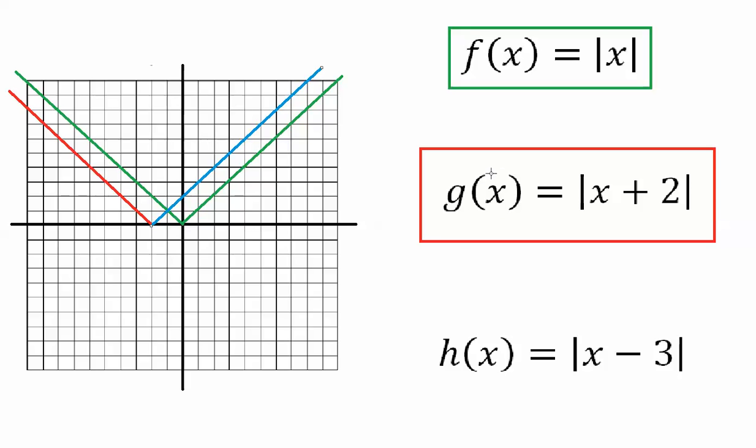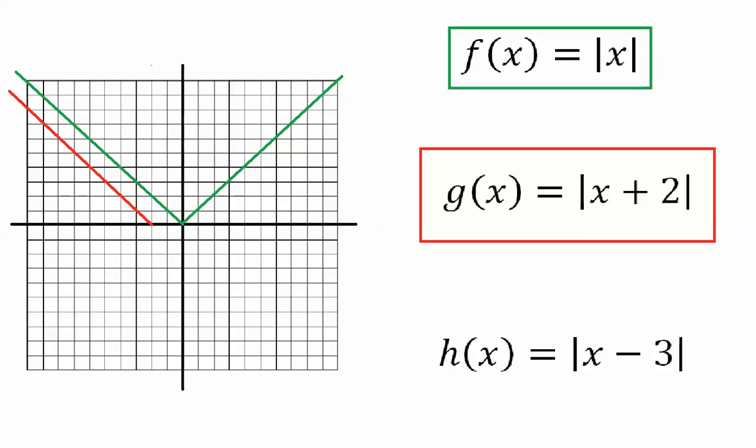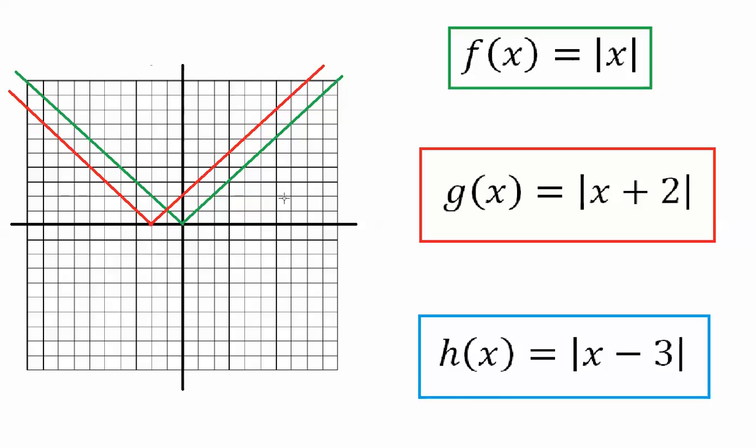Alright, let's go to a blue color. This will be if we're subtracting 3. So it looks like if we added 2, it moves to our left. Oops, I don't want that color to change. There we go. So now if we are subtracting 3, we're going to want to move to our right 3.